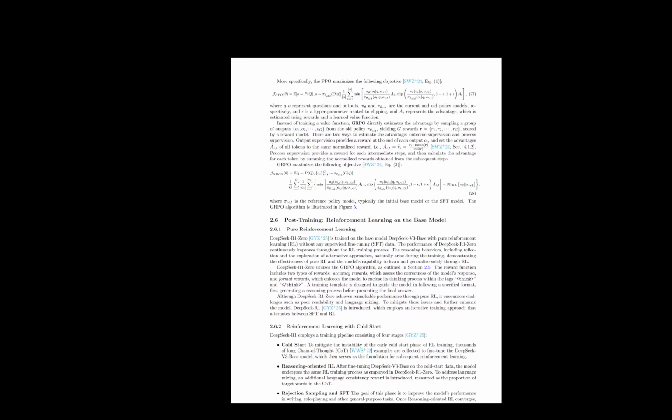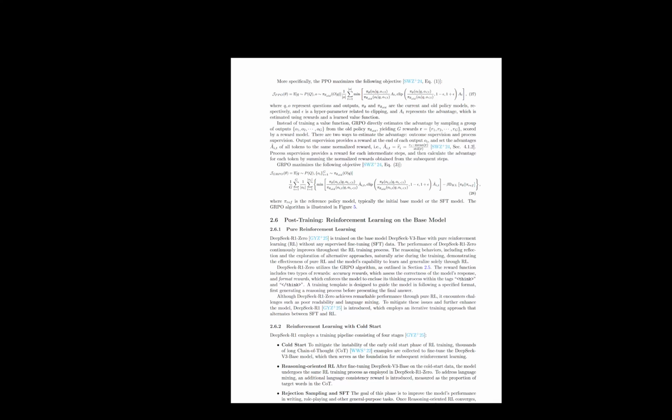Outcome supervision provides a reward at the end of each output o_i and sets the advantages A_i,t of all tokens to the same normalized reward, i.e., A_i,t equals r_i minus mean of R, divided by std of R (SWZ plus 24, Section 4.1.2).